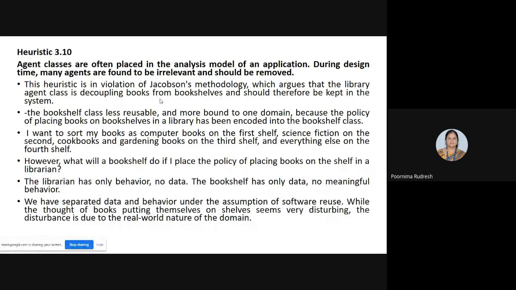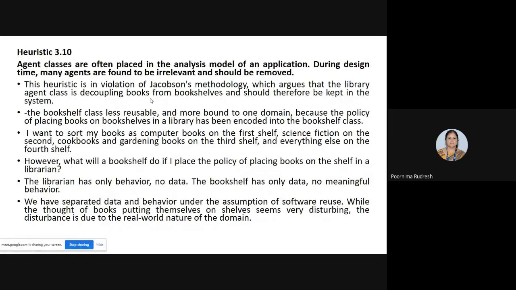And here the bookshelf class is less reusable and more bound to one domain, because the policy of placing the books on bookshelves in the library has been encoded into the bookshelf class itself. This policy says where to keep the books, and this is bound to one domain and hence it is less reusable.